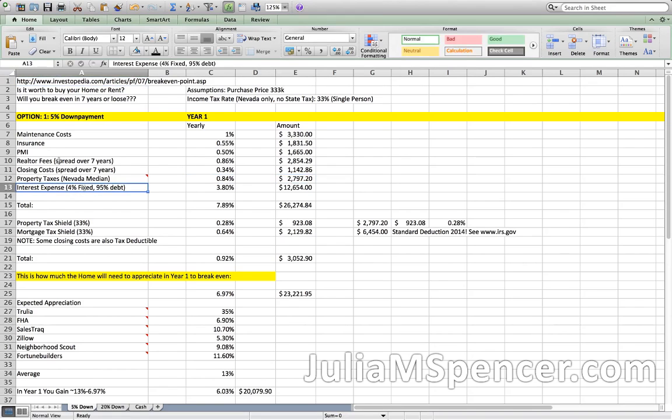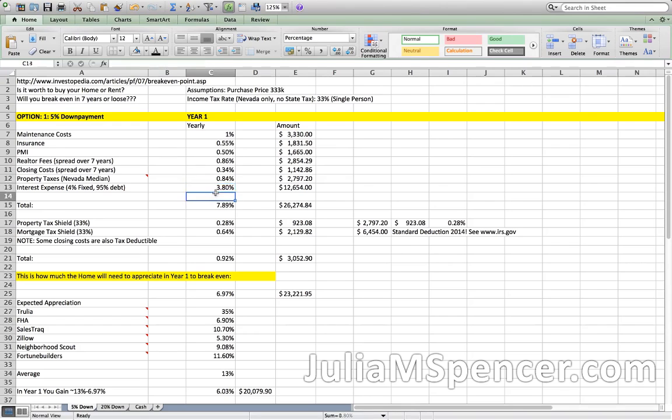Your interest expense at the 5% down payment would be $12,654,000. The reason this says 3.8, even though we said we're going to use 4%, is just that it's calculated out because your debt is only going to be 95% of the 333,000. The calculation, as you can see up here, is the sales price times 0.95, which is your loan, 95% of 333K, times the 4%, and then divided again by the 333K.